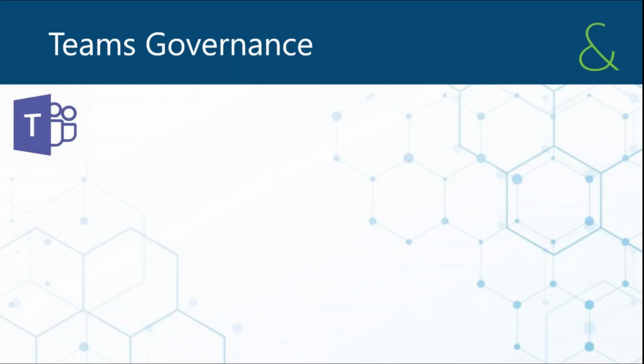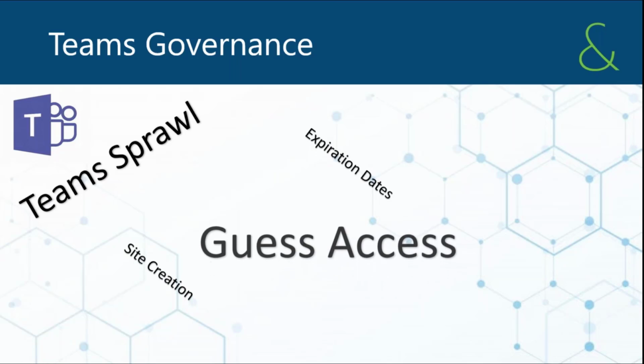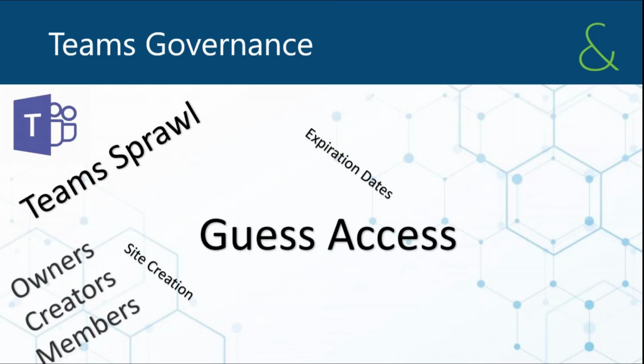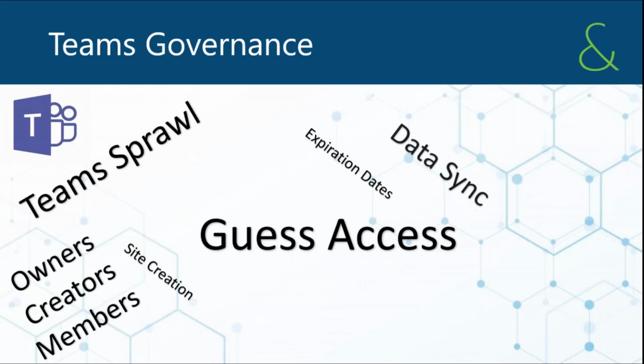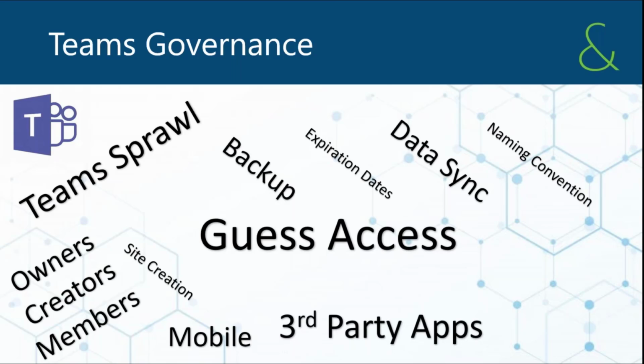Why do we need to worry about this? We put together a list of things that you should be thinking about when you're rolling out your Teams. Sprawl is the first. By default, anyone that can create a group in Azure Active Directory can create a team site. By default, that's everyone. If you don't have something in place before you start, you're going to have people creating sites left and right, and you're going to have team sprawl.